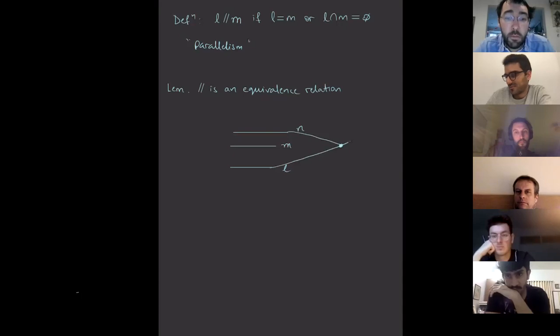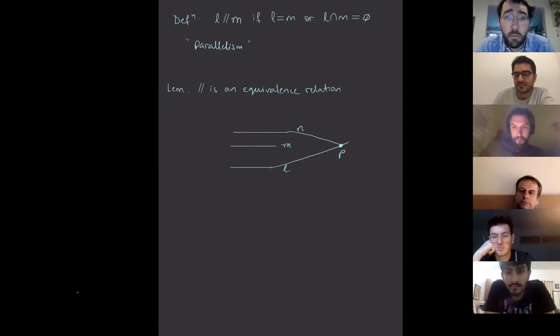You'll hopefully negate the first axiom, because through this point P, which does not lie on the line M, there are two lines which are parallel to M. So that negates the first axiom, all right? So that's why it's an equivalence relation, and that helps us a lot.